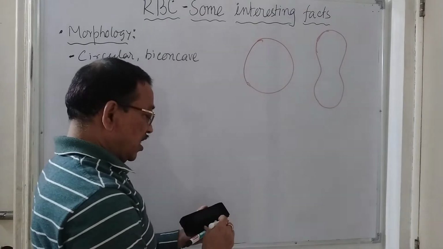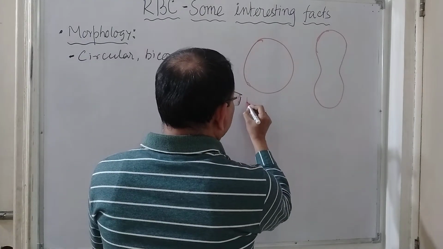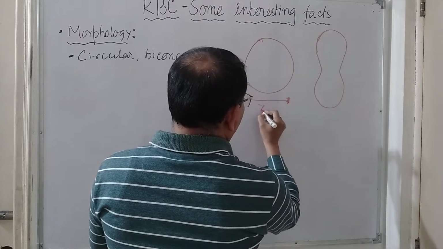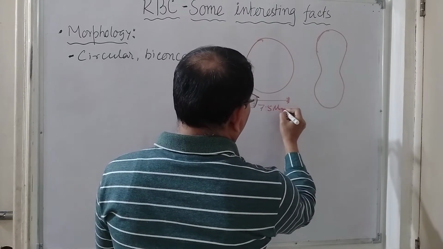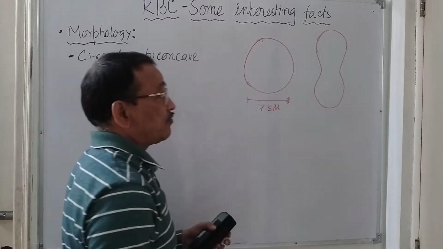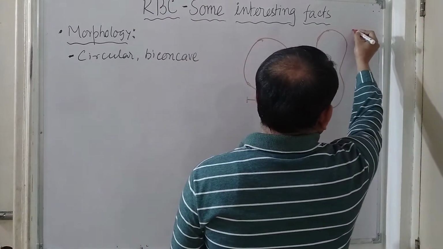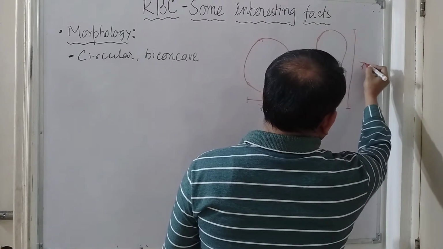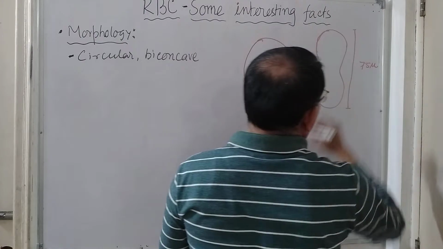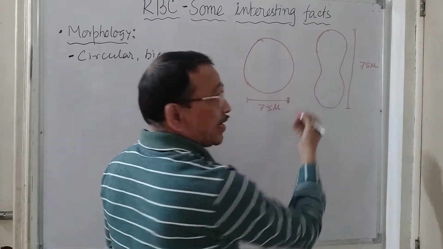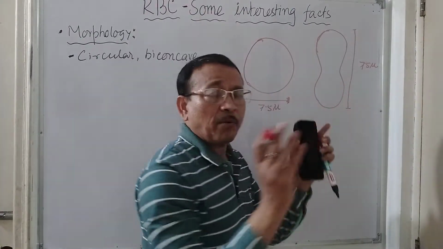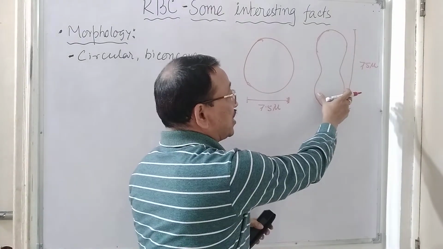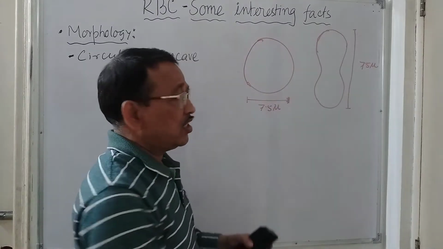The average diameter of the RBC is 7.5 micron. As I told, the peripheral part is thicker and the central part is thin.